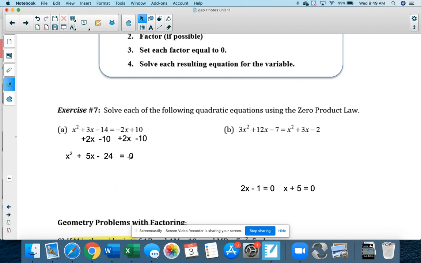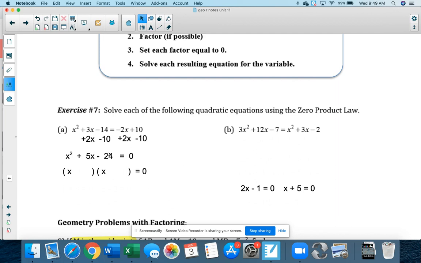So I did step 1. I put it in standard form, everything's equal to 0. Step 2 is I'm going to factor. So this is a trinomial, there's no greatest common factor. I set up my 2 sets of parentheses. X times x is x squared. I'm looking for the numbers that multiply to negative 24 and add up to 5.